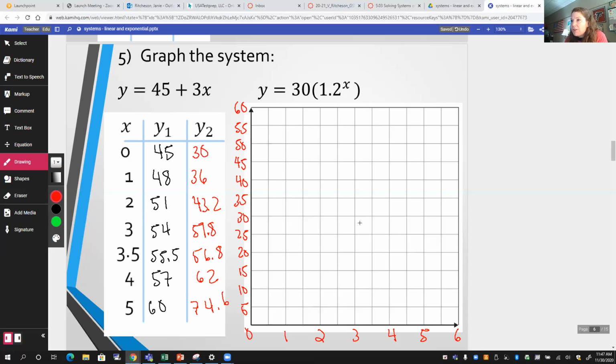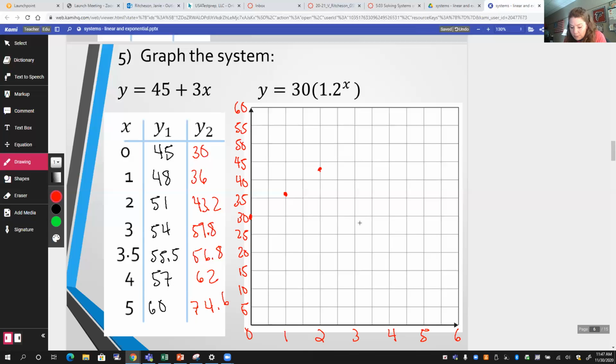All right, so let's do the red first since I have my red ink on. So 0, 30 right here, 1, 36, 2, 43.2, so that'd be a little more than half, right? And then what is that number? 51.8.